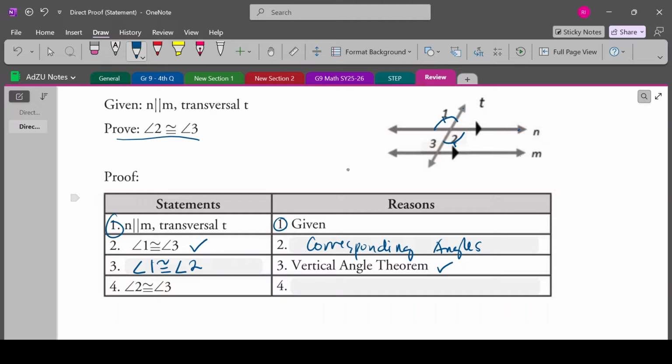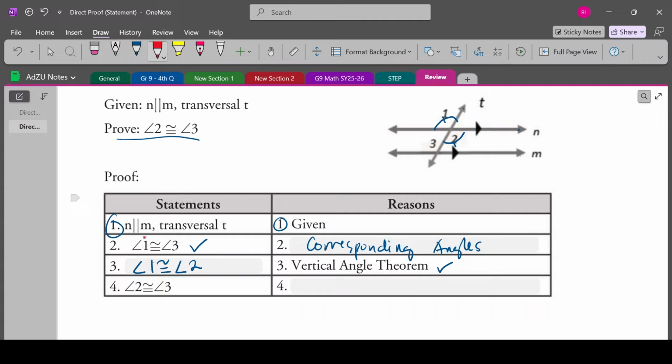Number 4. Therefore, we can conclude that if angle 1 is congruent to angle 3, and you can say also that angle 3 is congruent to angle 1, right?